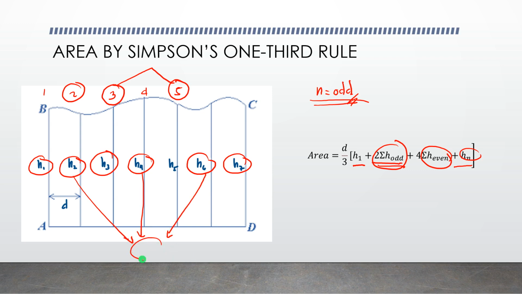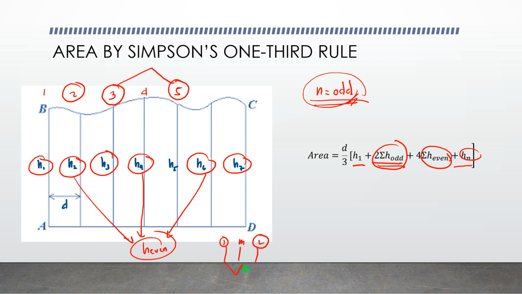So this is for heights of even. So n should be odd, because this formula is somewhat derived from the prismoidal formula, which requires three stations: the midpoint, the first, and the last.